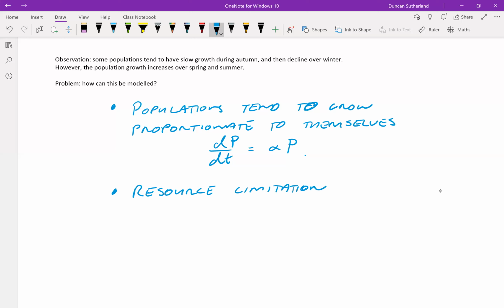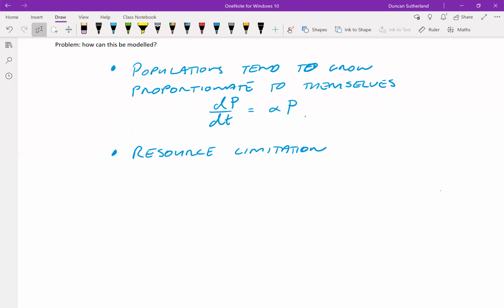So a resource limitation is mostly a lack of food, sometimes it's a lack of space. In terms of plants, perhaps it's a lack of light. So what we say is that dp dt equals alpha p times some function of t and p, which describes the resource limit.